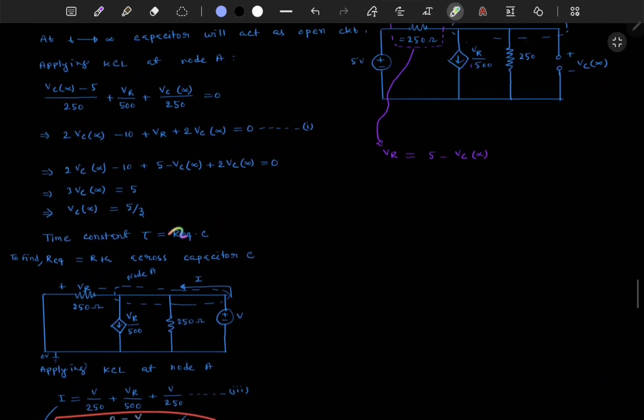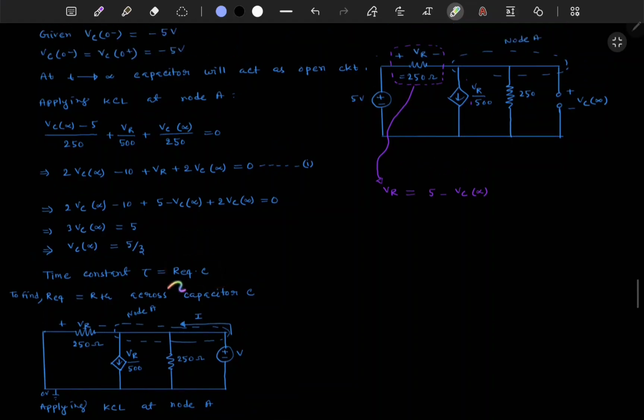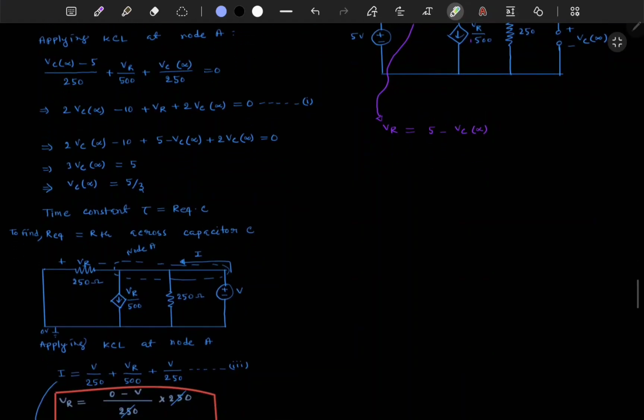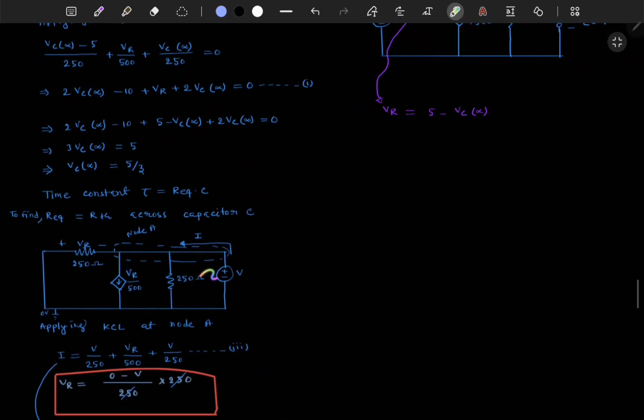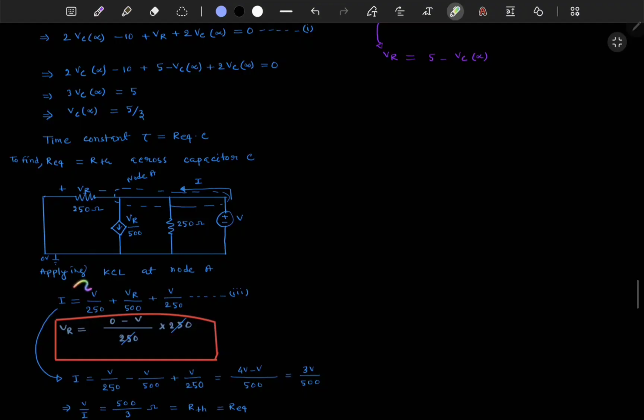The time constant equals R equivalent into C. To find this R equivalent, the equivalent resistance of the circuit, from this terminal we add a voltage and a reference current. Applying KCL at this same node again, I equals this current and this current.